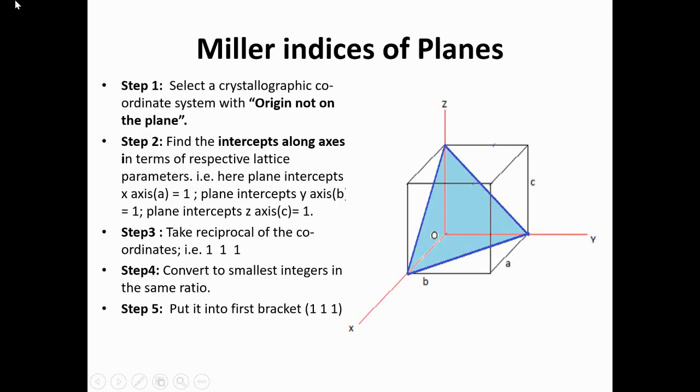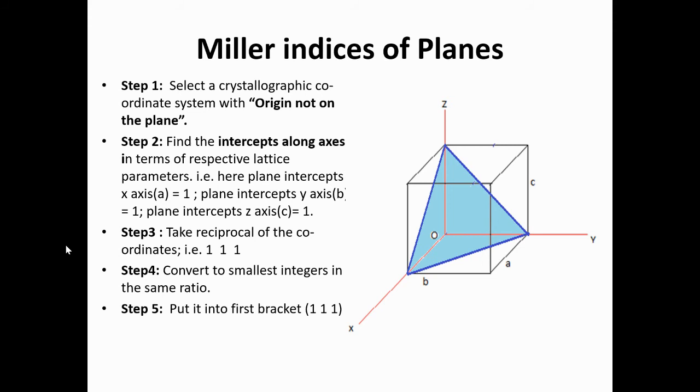Okay. So our next topic is Miller indices of planes. That is, how to determine the Miller indices for a plane in a unit cell. The first step is to select a crystallographic coordinate system with the origin not on the plane. Please note that in the case of directions, we always choose an origin point which passes through the direction.